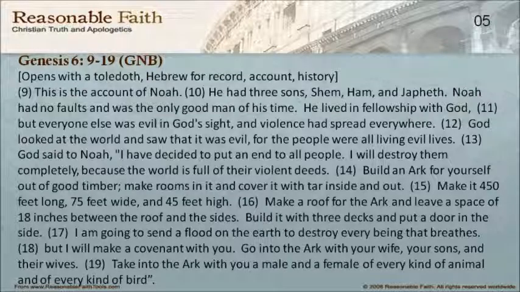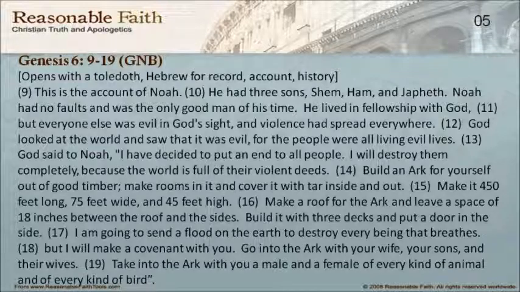Build an ark for yourself out of good timber. Make rooms in it and cover it with tar, inside and out. Make it 450 feet long, 75 feet wide and 45 feet high. Make a roof for the ark and leave a space of 18 inches between the roof and the sides.